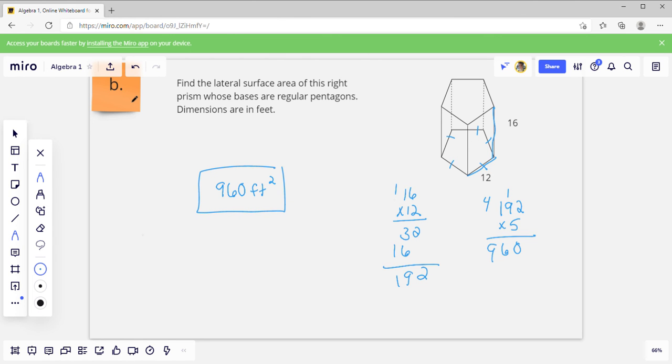You could have stretched it all out like that so that you have 5 chunks that, when you fold it all up, made those sides. And this would have been 16 right here, and each of these would have been 12. 12 times 5 is 60. So you could have done 16 times 60.